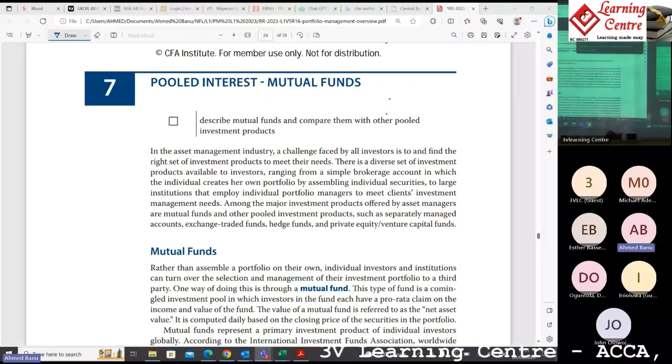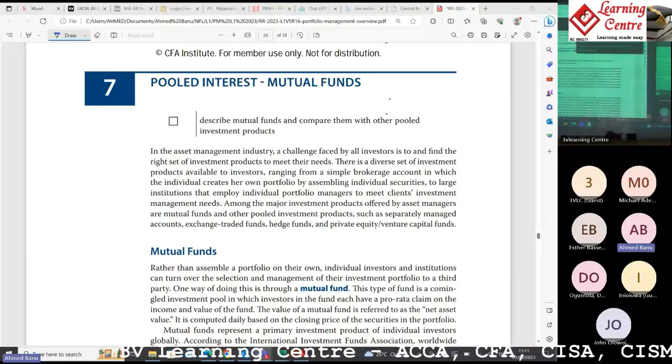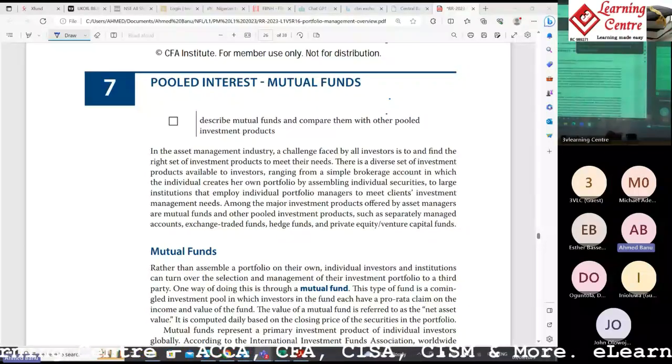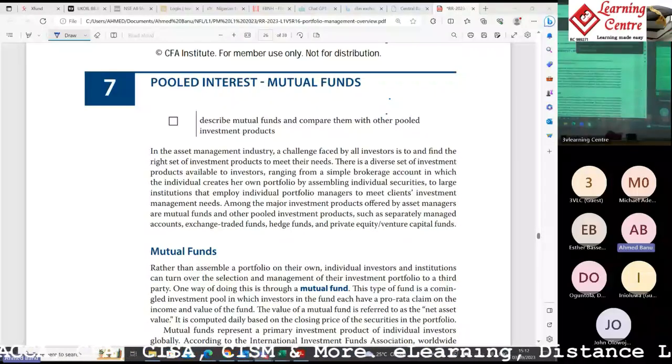Then we looked at the asset management industry as a whole, and how that industry has changed. I made mention that over the years, we've seen a significant dominance in the passive investment space. We spoke about passive and active investments. Passive is when you don't have a view that you can add value to the portfolio, but you want to manage the asset.